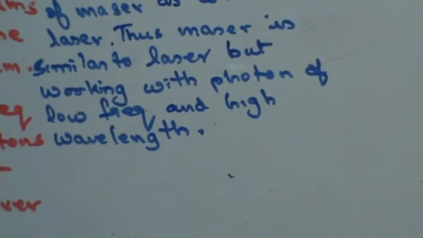Right? So the principle of working of both maser and laser are the same, with the only difference being that the laser works in the UV and the visible spectrum, whereas the maser covers only the microwave region, right?